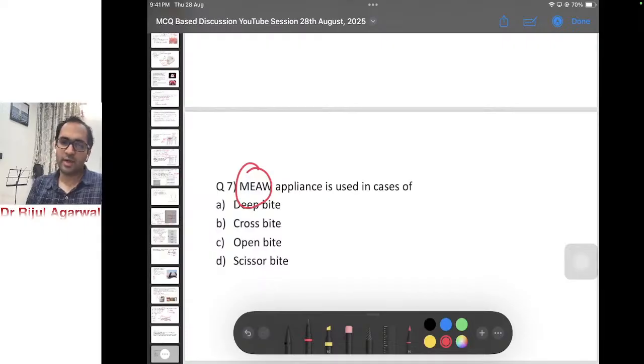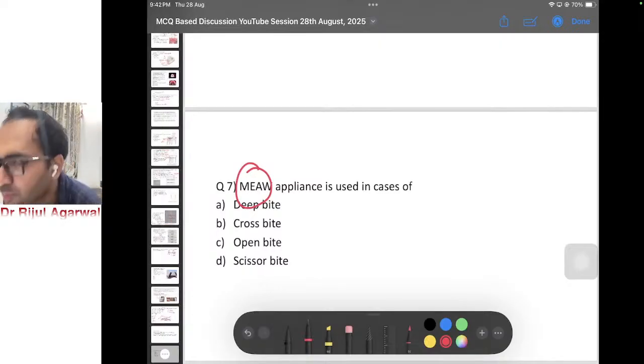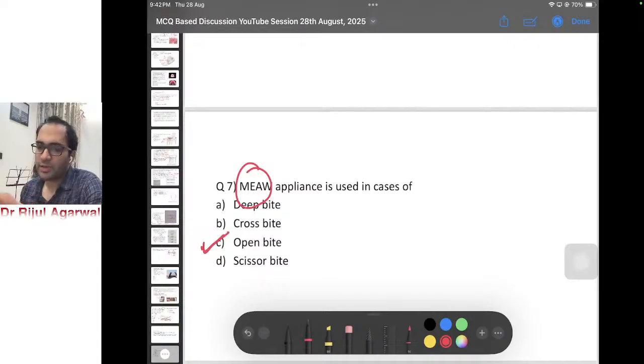I'm not taking an exam or judging you, even I have not seen your faces yet. So 3 students, all 3 say open bite, so open bite is the correct answer.